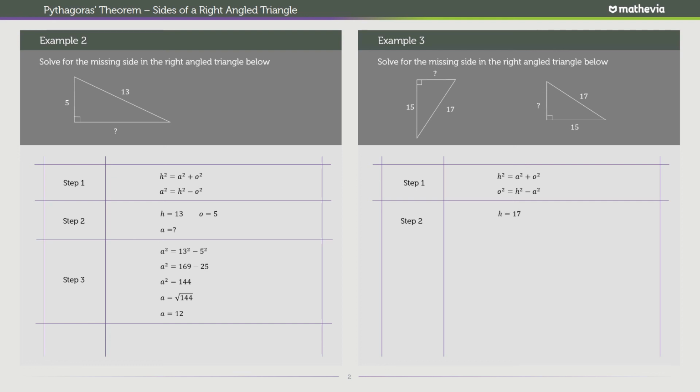Here h equals 17, a equals 15, and o is what we're looking for. You put all of those values into the formula, and you should end up with o as 8. So o in this case is 8.